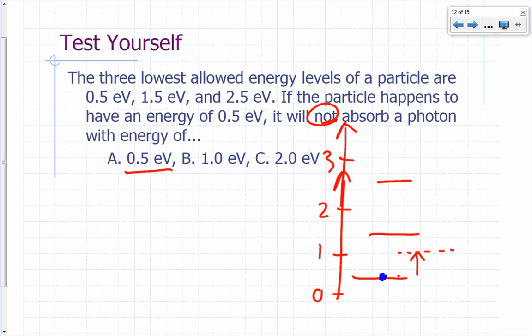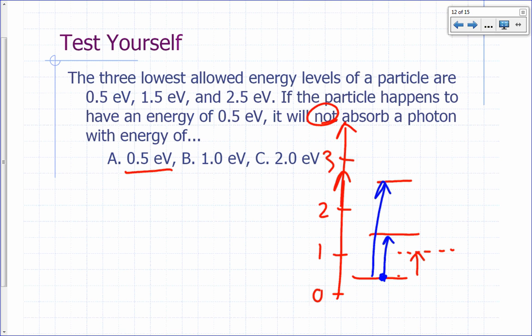Okay? Will it absorb 1 electron volt? It may absorb 1 electron volt. Depends on what the selection rule is. Will it absorb 2 electron volts? It might. It may absorb 2 electron volts. Okay? It's not guaranteed because we don't know what the selection rules are. Are we going to learn the selection rules?